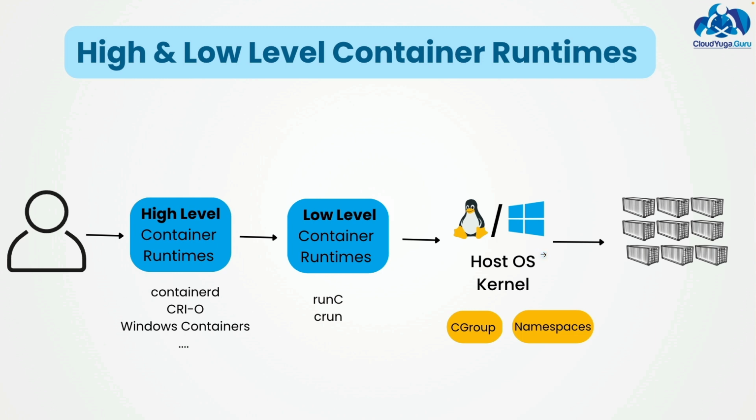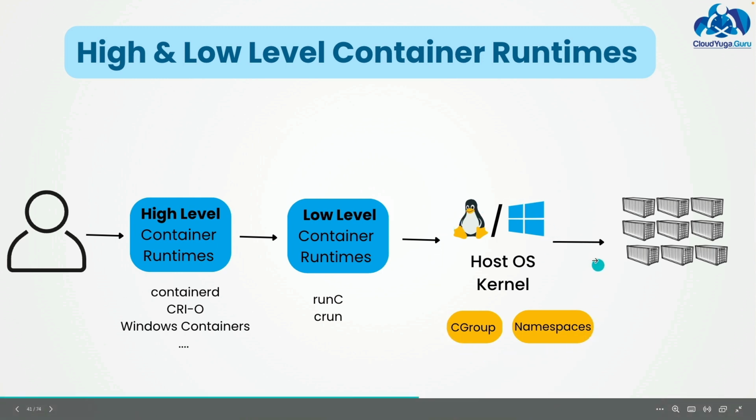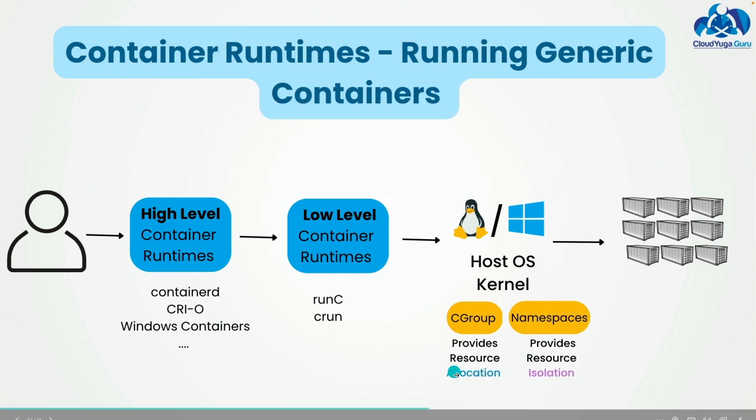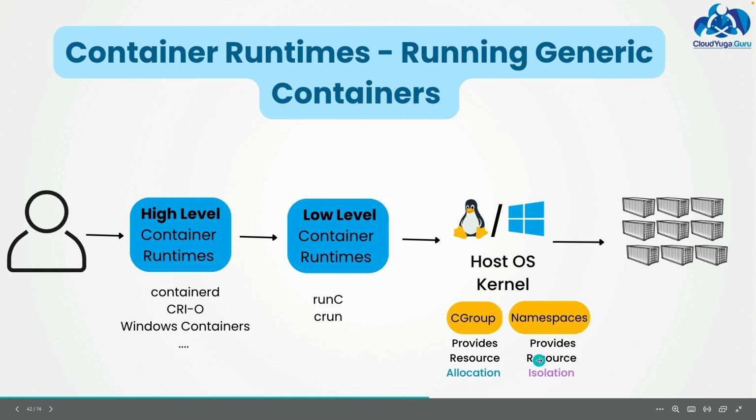Now, just to be clear, containerization is a feature of the underlying kernel or the host we have. The runtimes are just a way to interact with those features to create containers for us. Like in Linux and Windows, we have the features of control groups or cgroups and namespaces to do resource allocation and resource isolation respectively.